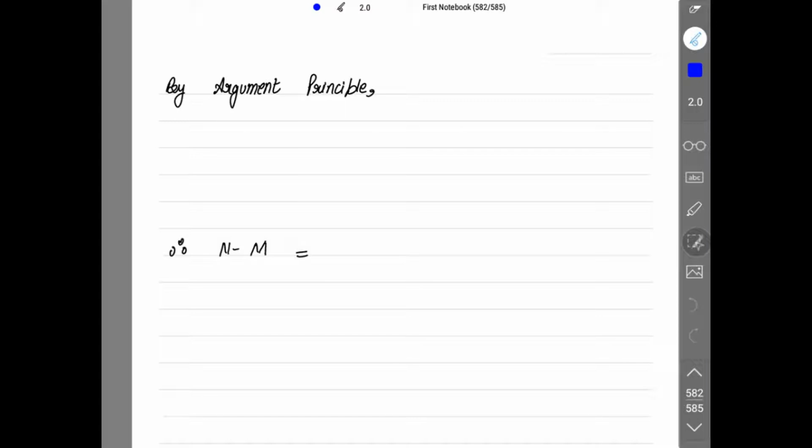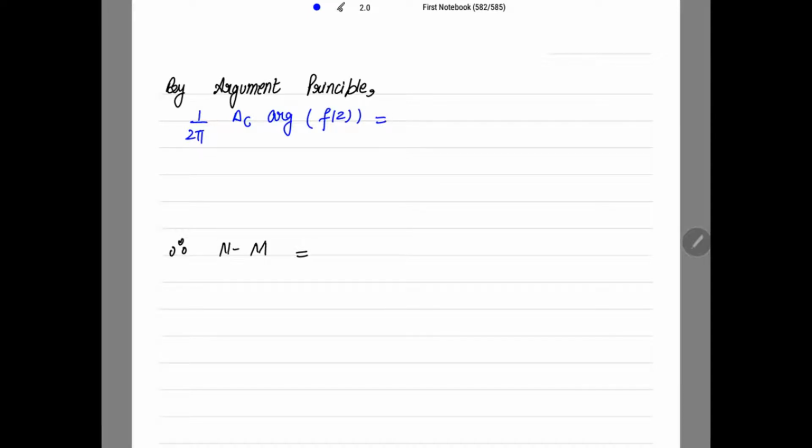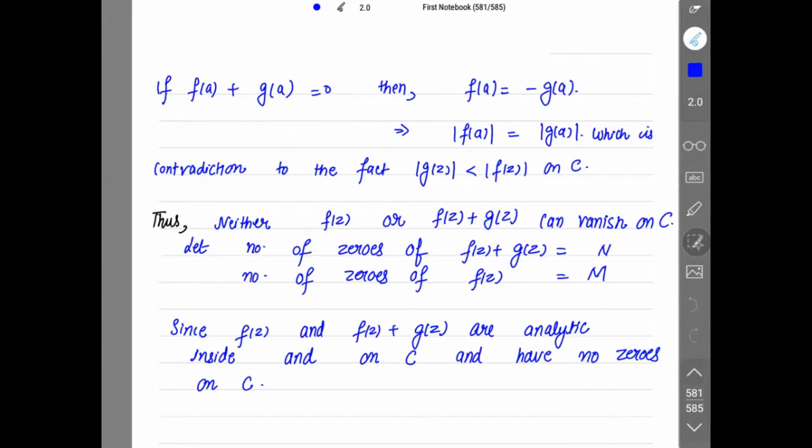So now we apply the argument principle on f(z) and f(z) plus g(z). Now for f(z) we have 1 over 2 pi delta C argument of f(z). This is equal to, what is the number of zeros for f(z)?